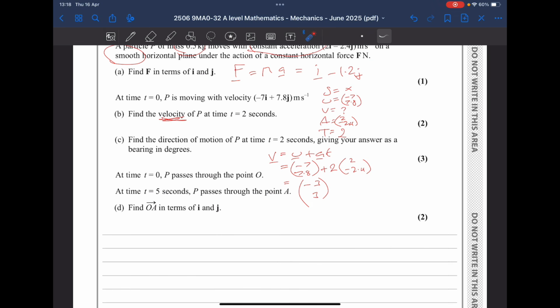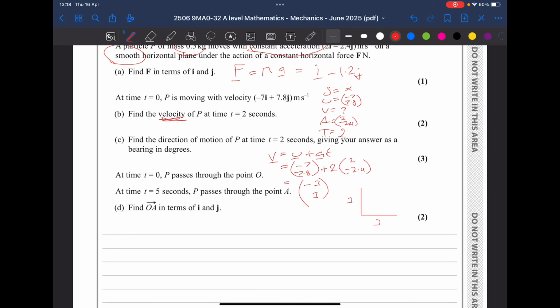Now find the bearing, or direction of motion, and give it as a bearing. So the fact we're moving minus 3 and 3, let's think about drawing this out. So we're moving, other way around, isn't it? Yeah, we're going 3 to the left and 3 up. Let's move that down a little bit.